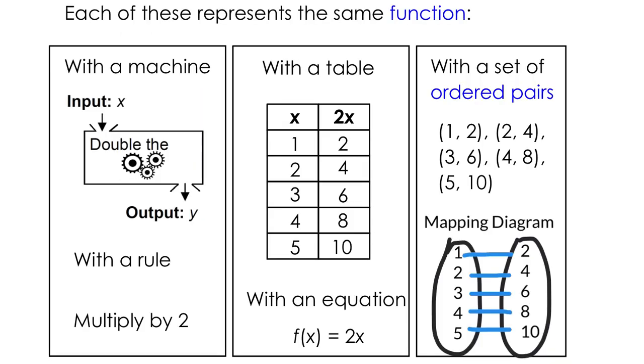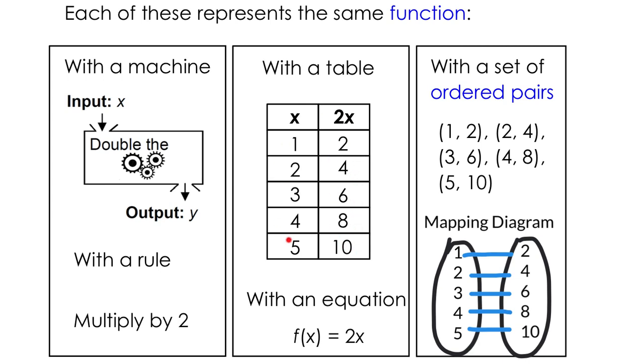Now here's a quick recap of everything we've talked about as far as how to represent a function so far. We've represented functions as a machine where we have input x, output y, the rule in the machine. We can represent that same function with a table. So for different input values and the rule of doubling the input, we get the different outputs.